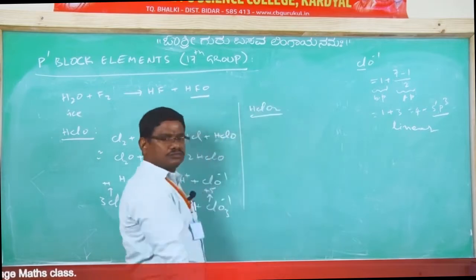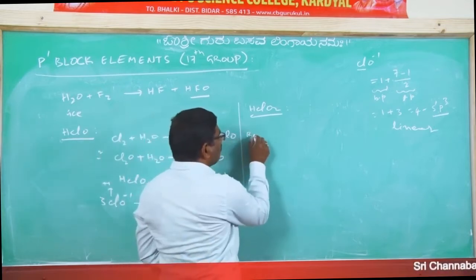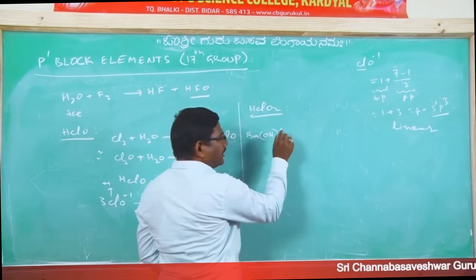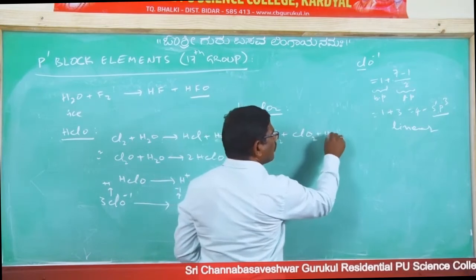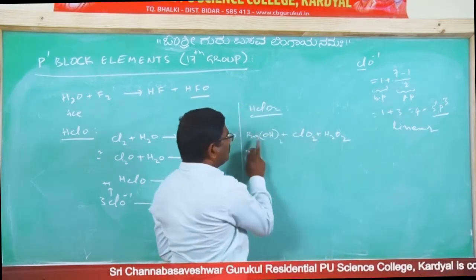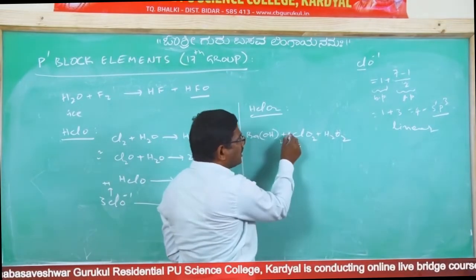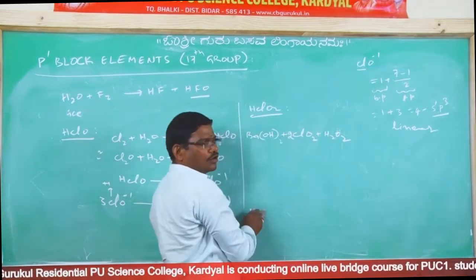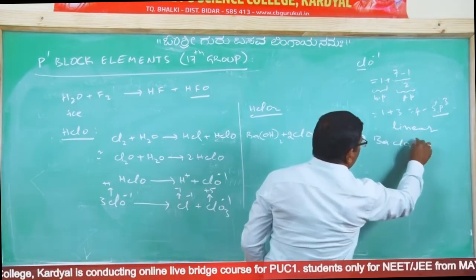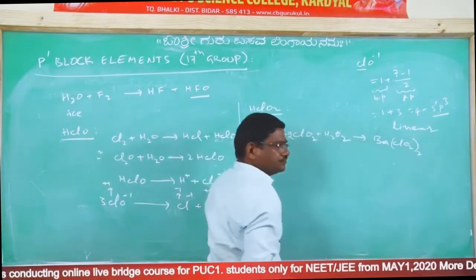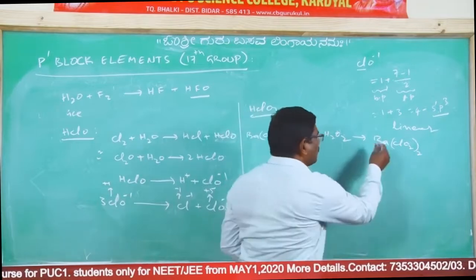Similarly, if you come to HClO2, it is chlorous acid. This chlorous acid is prepared when barium hydroxide is treated with chlorine dioxide in presence of hydrogen peroxide. Here 2 moles of chlorine dioxide are used, so barium chlorite forms, ClO2 added with barium.